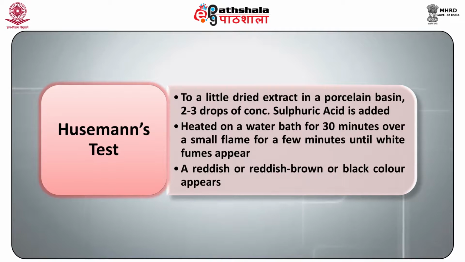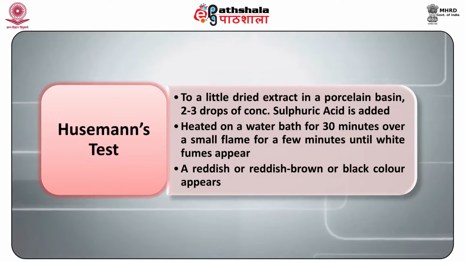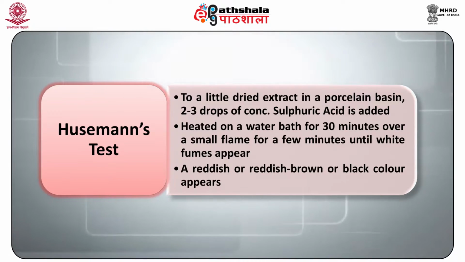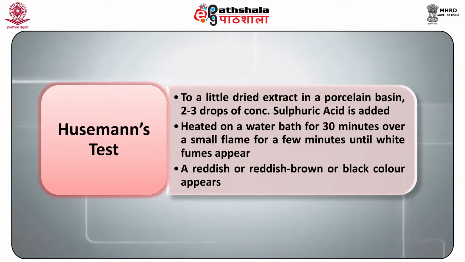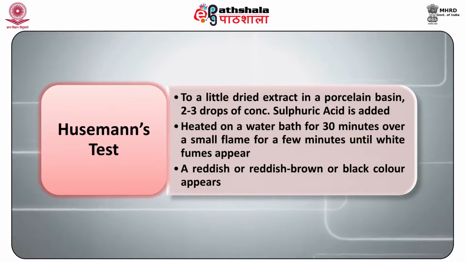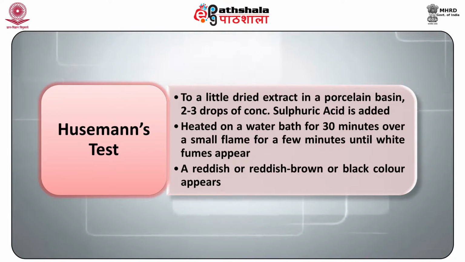Next is the Huysmans test. To a little dried extract in a porcelain basin, 2 to 3 drops of concentrated sulfuric acid are added and heated on a water bath for 30 minutes over a small flame for a few minutes until white fumes appear.